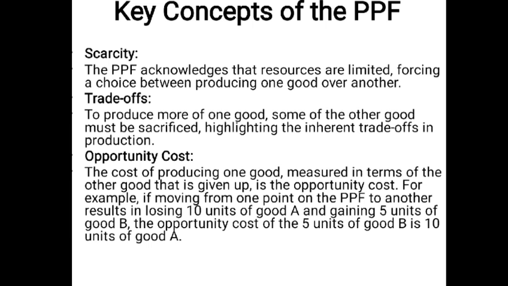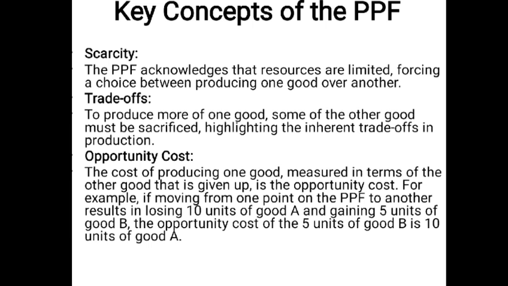Scarcity means limited resources. From the limited resources, how the producer can make a production optimally. Second one is the trade-off. To produce more of one good, some of the other good must be sacrificed, highlighting the inherent trade-off in production. So this curve is basically in terms of opportunity cost.